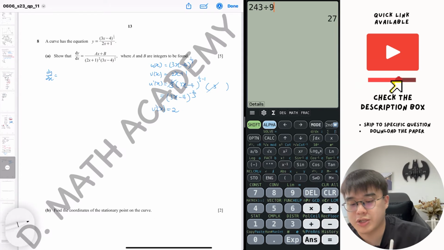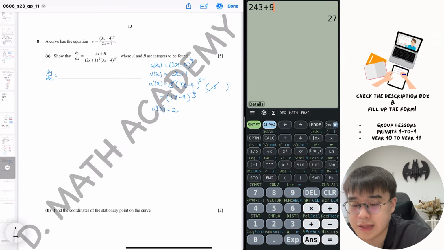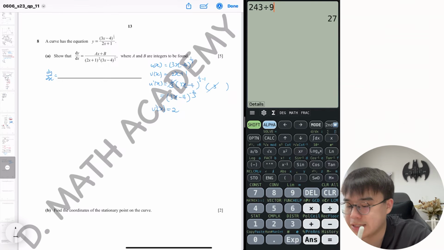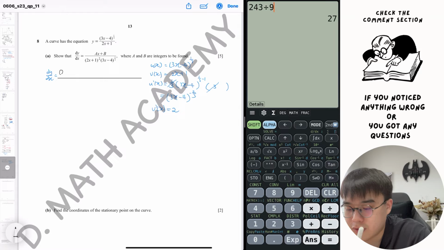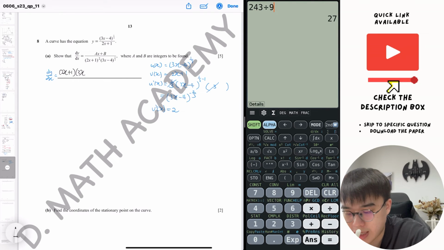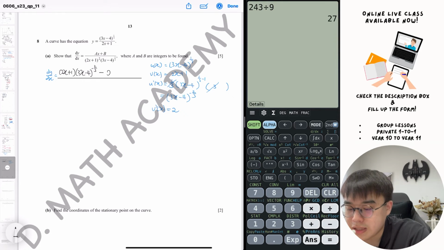Okay, so let me change up the color, and then we have a look at the question here. So inner minus outer layer. So I have 2x plus 1 multiplied with 3x minus 4 to the power of negative 2 over 3. In between the values, they are minusing against each other.